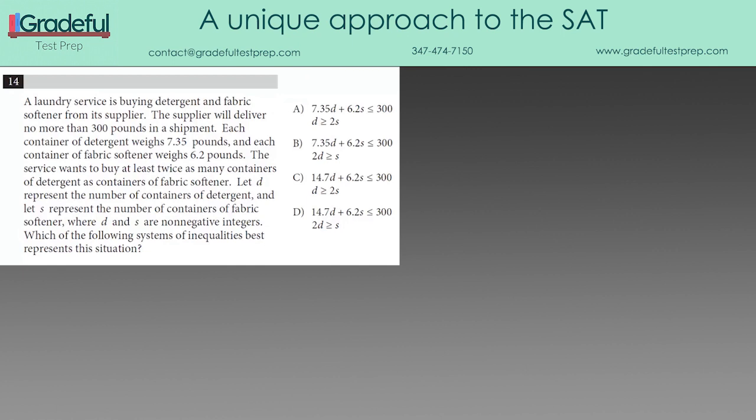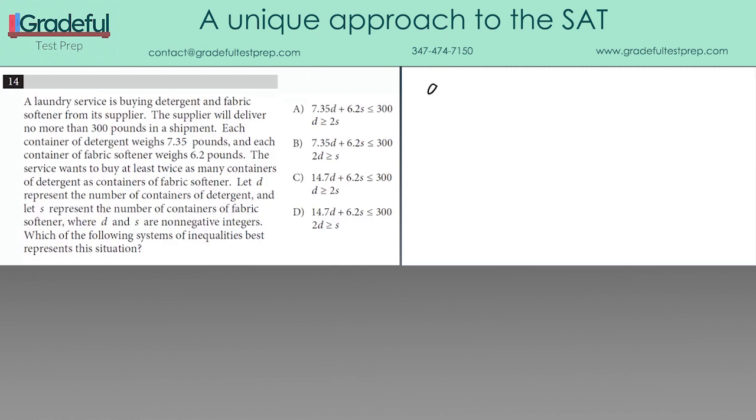When you have something really longly worded like this, describing the variables will help you stay just a little more organized. So doing that here, D is the number of containers of detergent, and S is the number of containers of fabric softener.